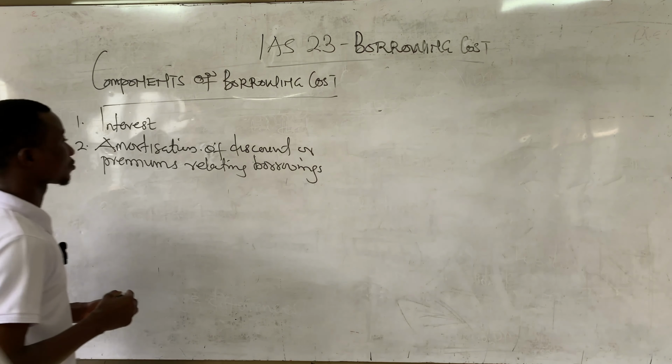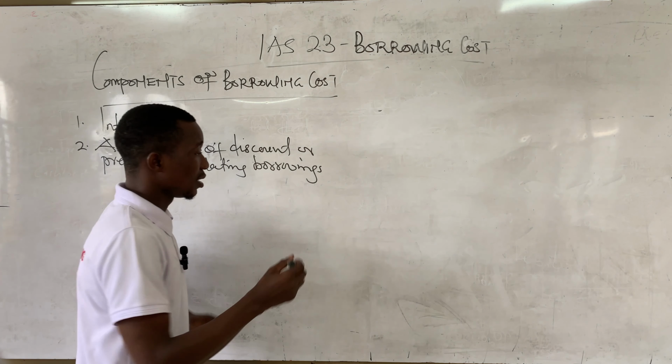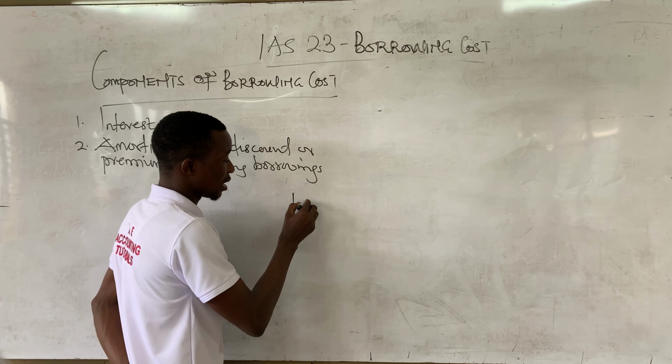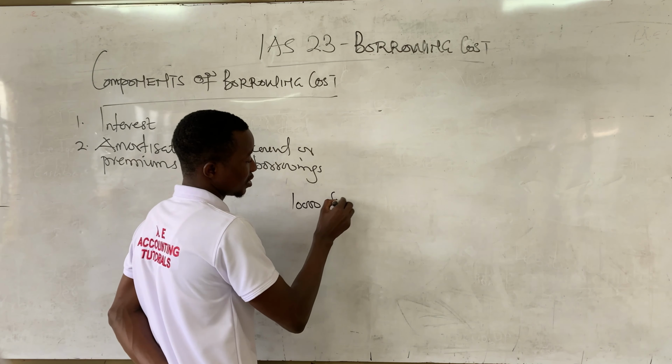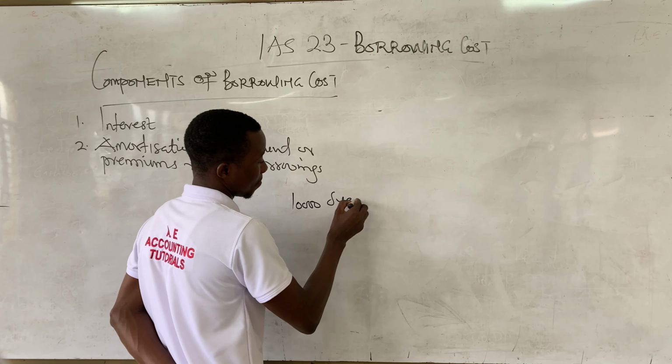Is that okay? So for instance, when there is a loan of $10,000 for 5 years and there is an interest on this loan of 20%, 20% on 10,000 is 2,000 as the interest, and there is a discount of 10%.